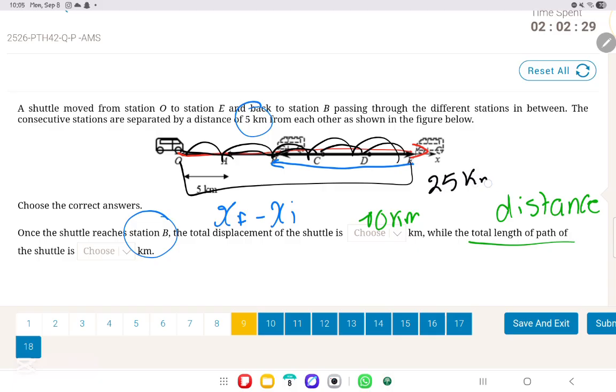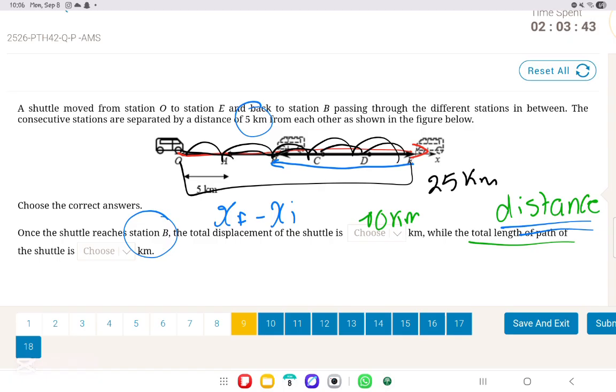Now, when we are counting backwards, we don't take a sign. Why? Because distance does not have a sign. What's the difference between displacement and distance? Displacement is the change in position, whereas distance is the total length of a path. Displacement can be positive or negative, meaning it's a vector, whereas distance is a scalar, meaning it's only positive. So 25 kilometers, we already covered it.